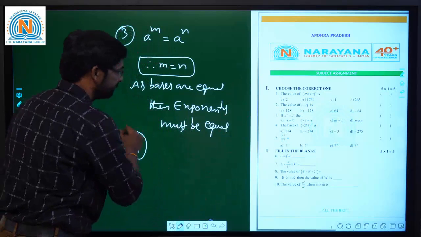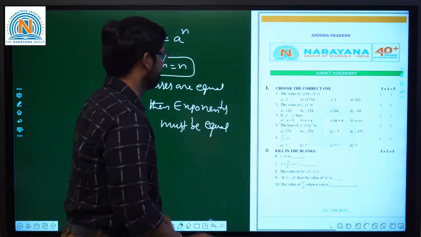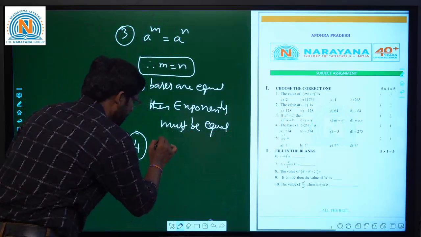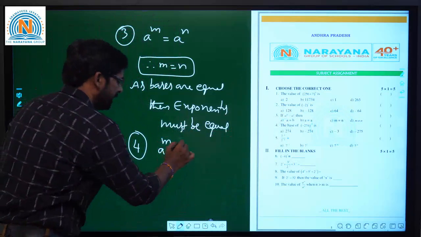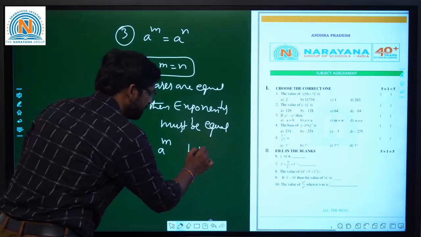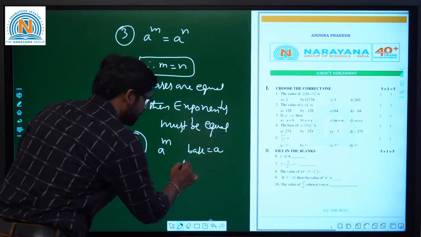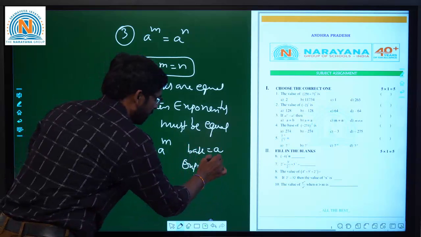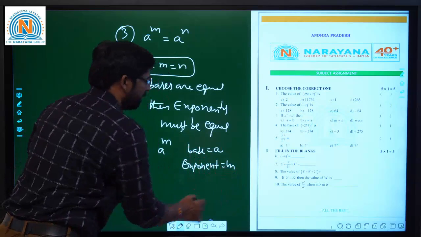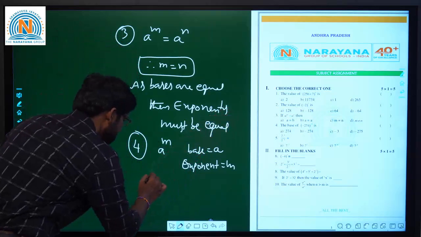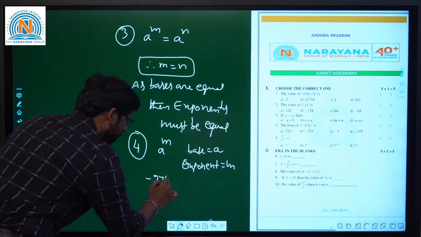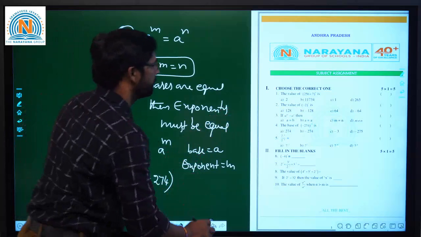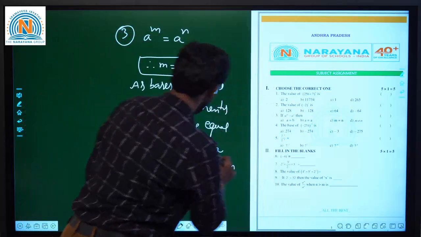Now the fourth one. What is the fourth question? The base of a to the power of m. In a to the power of m, your base is a and the exponent is m. Like that, minus 274 whole to the power of minus 3.